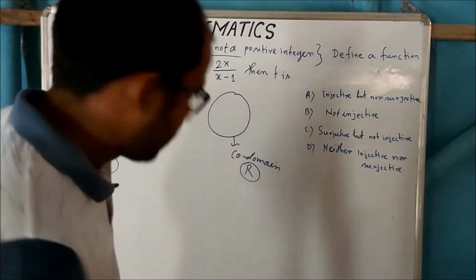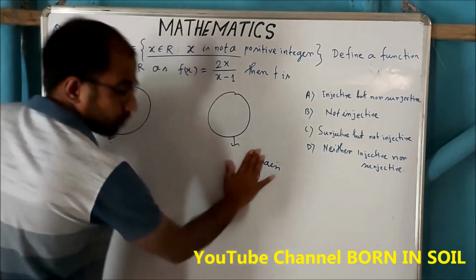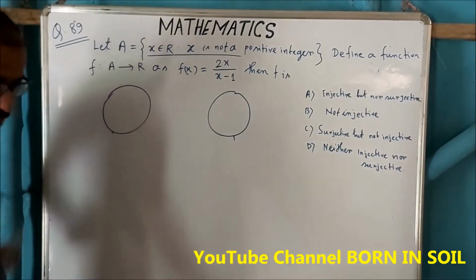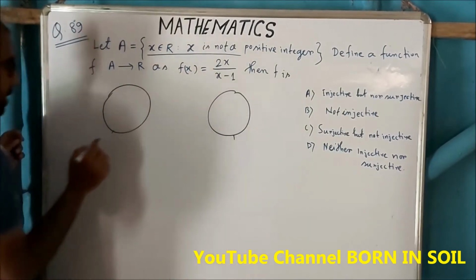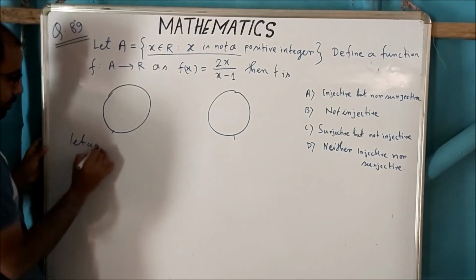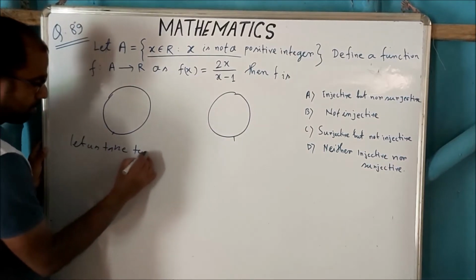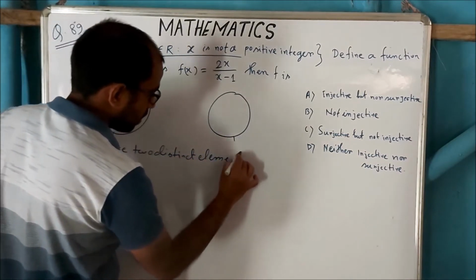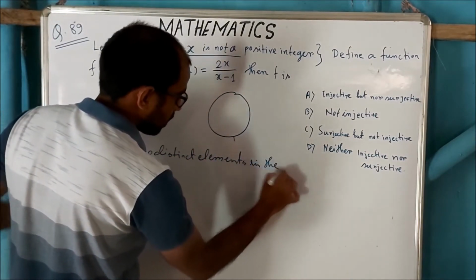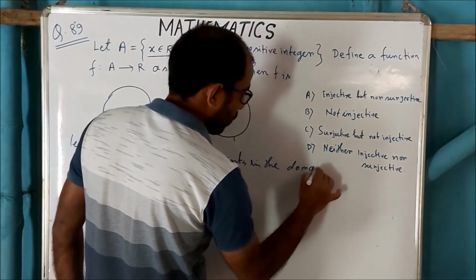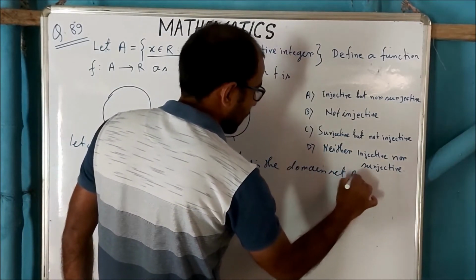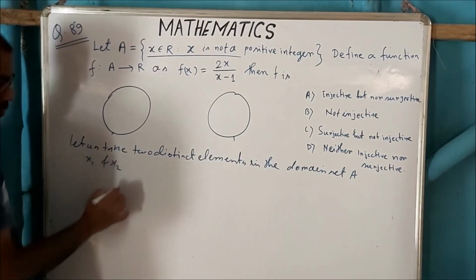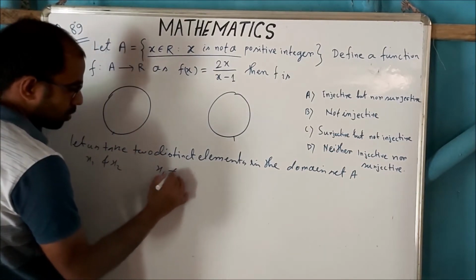First we check whether this is injective or not. Let us take two distinct elements in the domain set A. Say these are x1 and x2, where x1 not equal to x2.